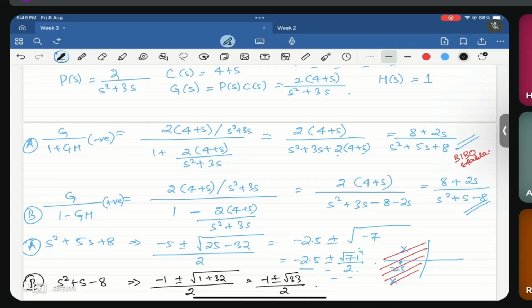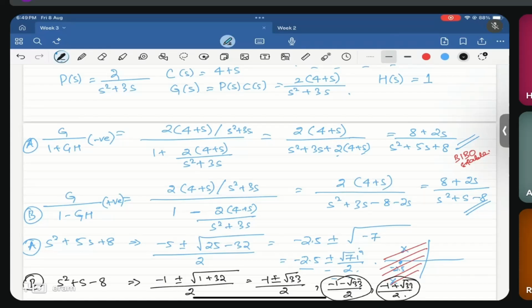So one pole will be minus 1 minus root 33 by 2 and another pole will be minus 1 plus root 33 by 2. So this term is negative. And what about this term? Root 33 is greater than 1, right? Anyhow it is greater than 1, so it will shift the pole. So this term will be positive.